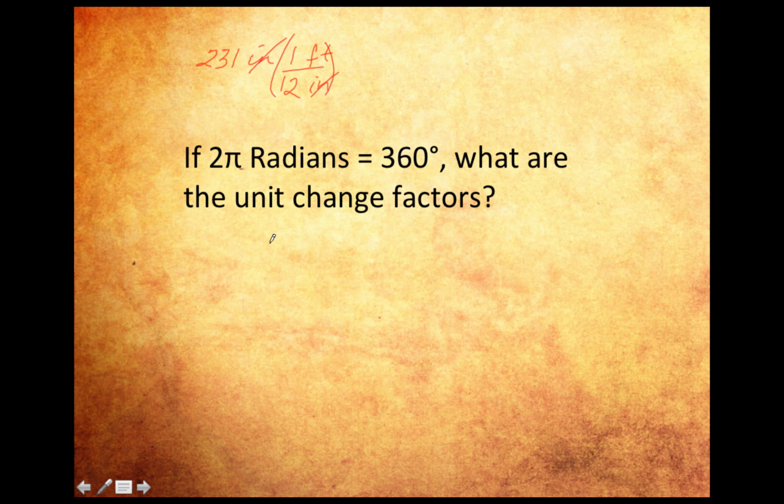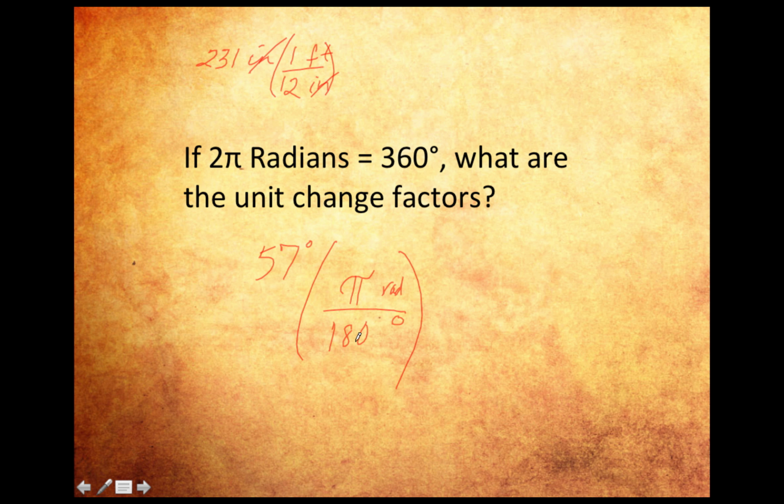So what is it if I had 57 degrees and I wanted to know what it is in radians? What unit do I want to cancel? Degrees, and the one I want to get is radians. So what can I put here? Pi and 180.